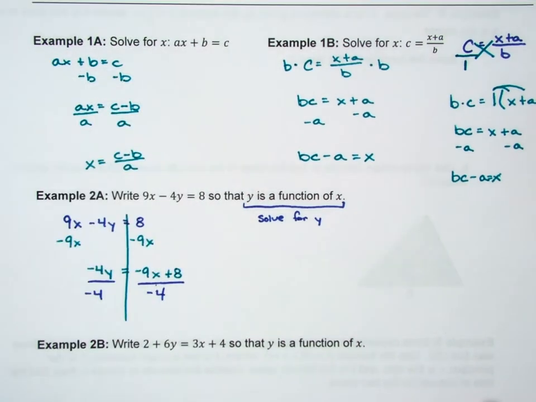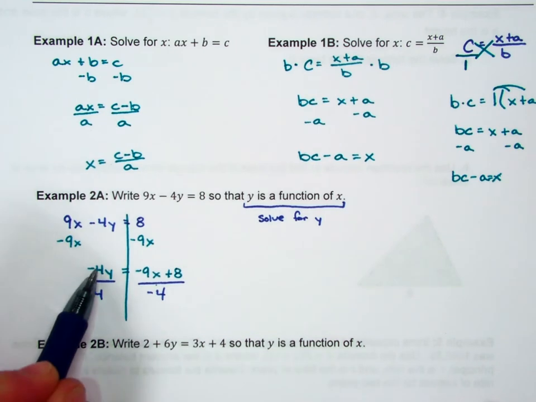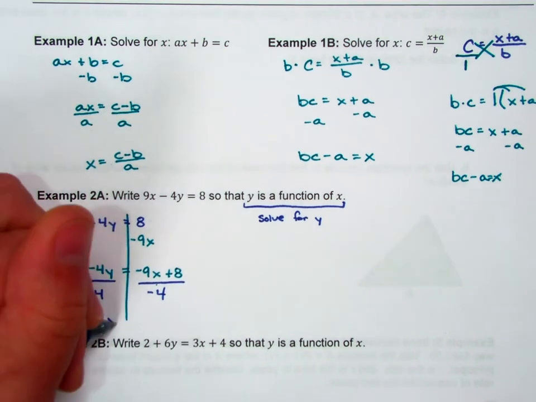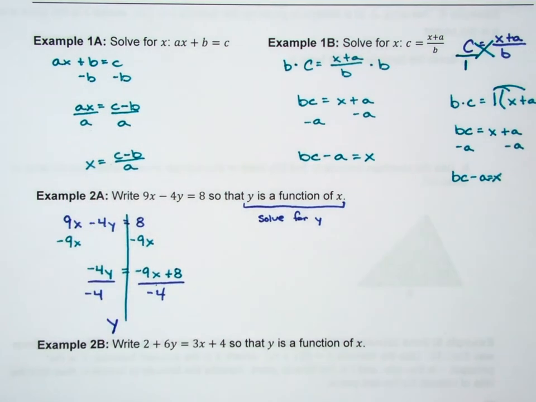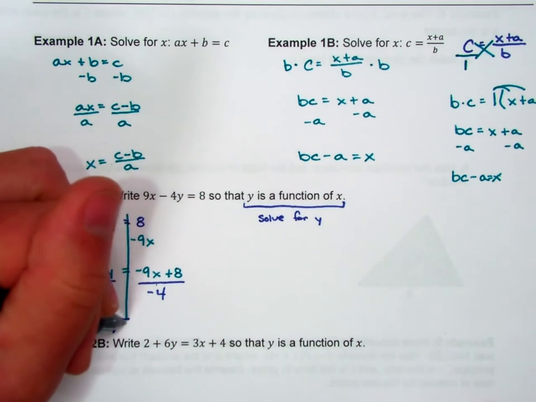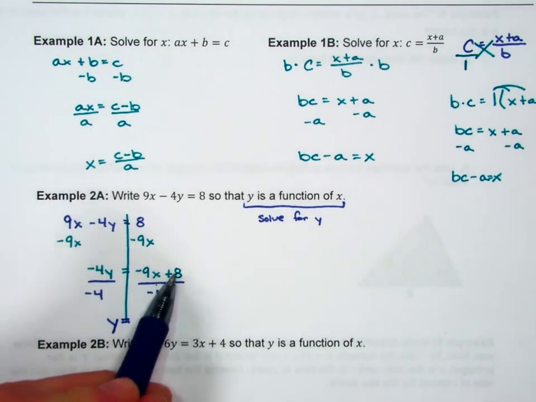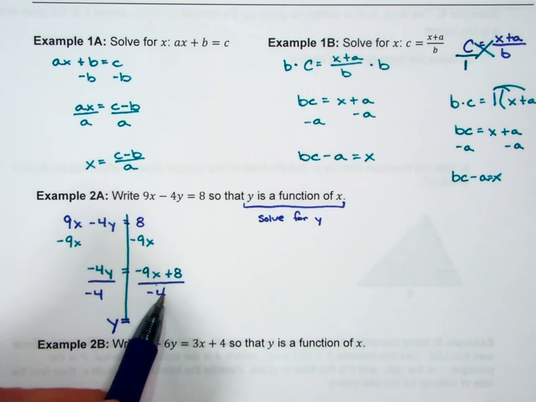Now, this is where we're going to need to do some simplifying. We didn't have to worry about it before. We do now. So pay special attention to this part of the problem. First of all, negative 4 divided by negative 4 gives us a positive 1. So we have 1y over here on the left-hand side. On the right-hand side, both of these terms are being divided by negative 4.